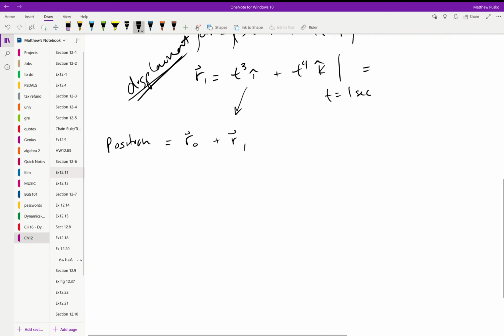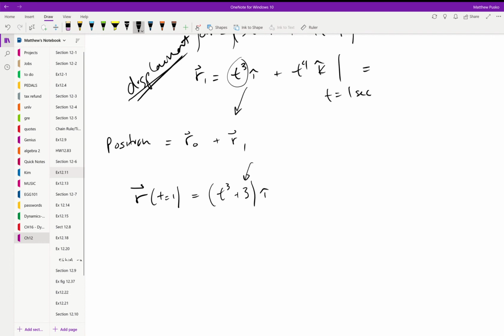What I get will be some position vector r at t is equal to 1, and we'll have t to the third plus 3 for the i component, 3 for the initial coordinate.